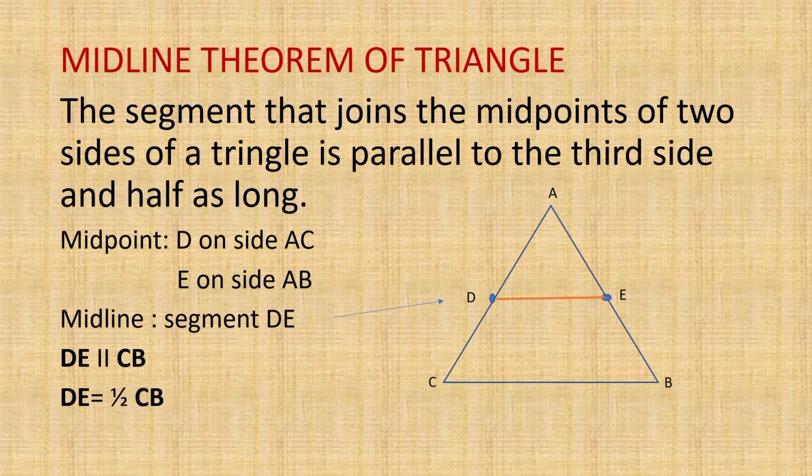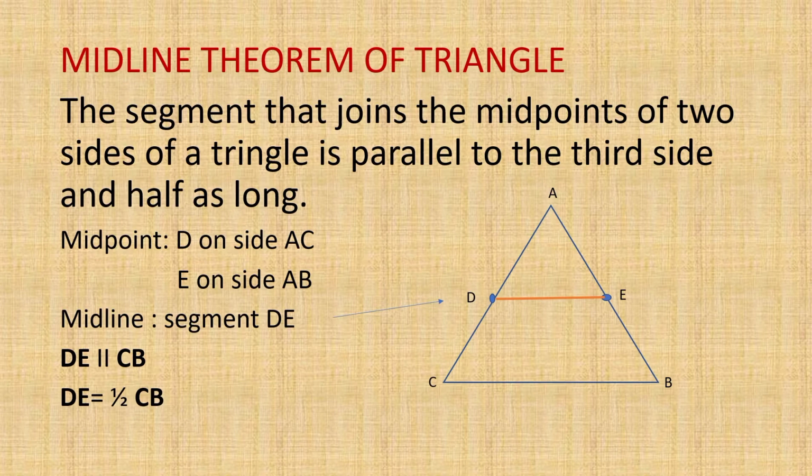The midline theorem of a triangle states that the segment that joins the midpoints of 2 sides of a triangle is parallel to the third side and half as long. So let us consider triangle ABC. As you can see, point D is the midpoint of side AC, and point E is the midpoint of side AB.